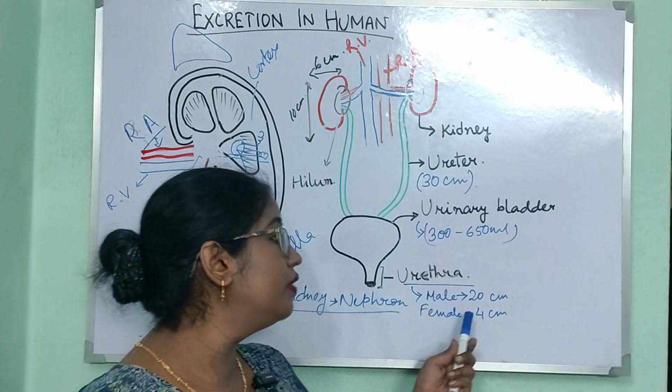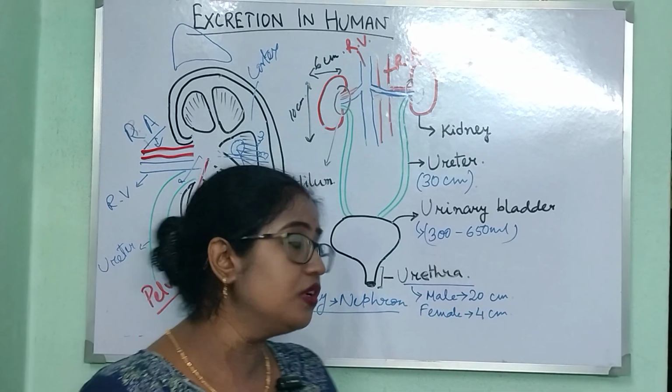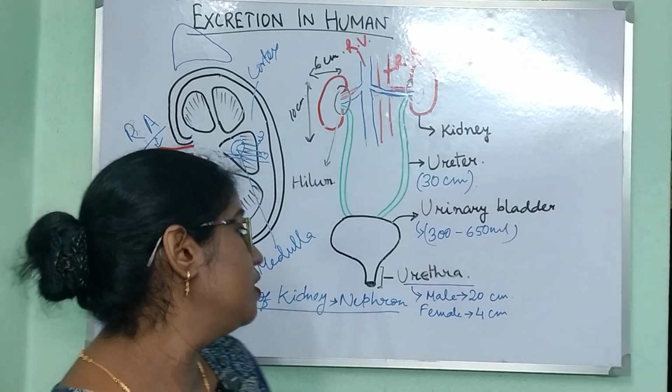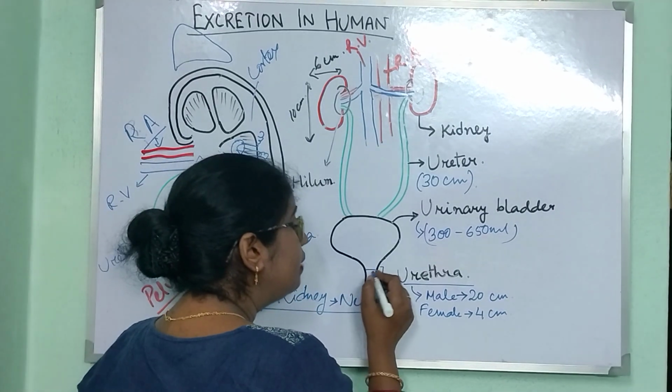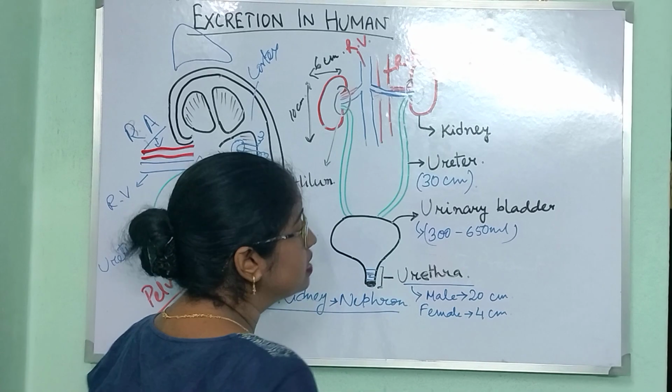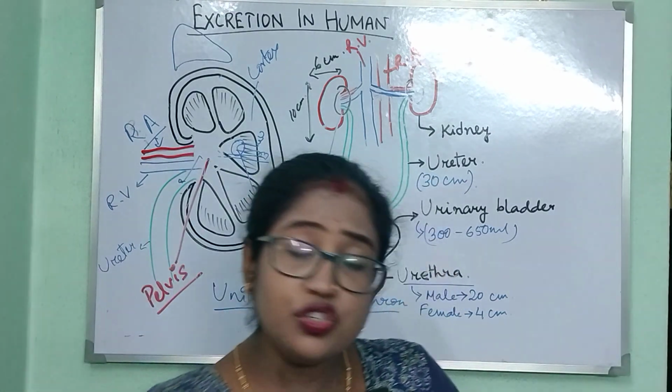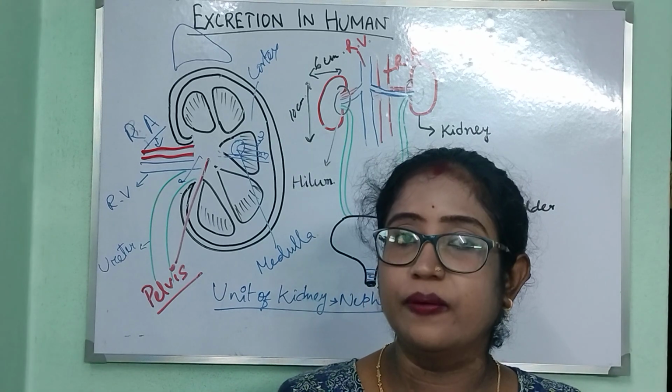In male the urethra is about 20 centimeter long, and in female it is only about 4 centimeter long, and it is also guarded by specialized muscles. These muscles are known as sphincter muscles, which control the flow of urine.